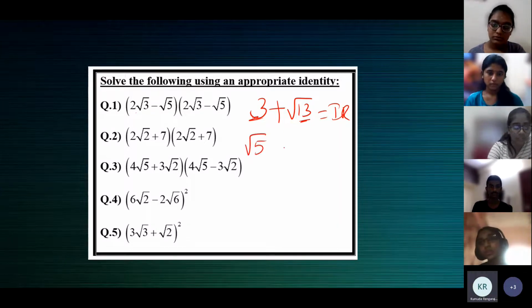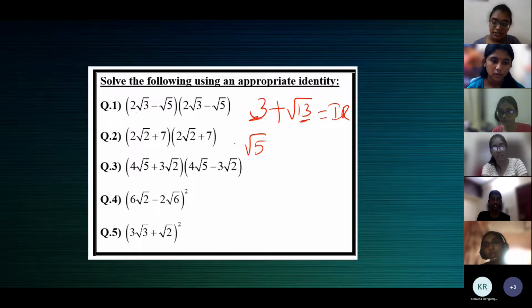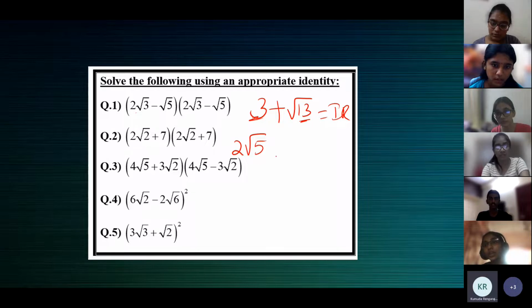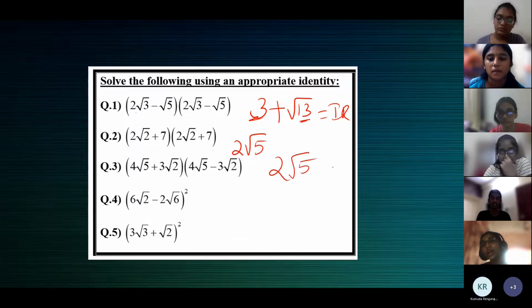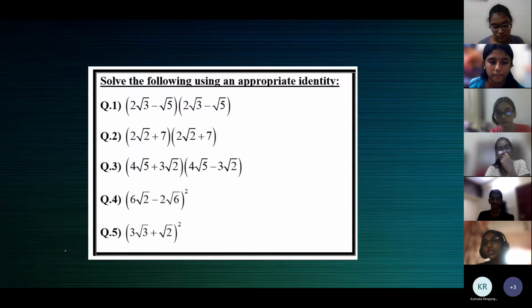Root 5, rational or irrational? Irrational. 2 root 5: 2 is rational, root 5 is irrational, so the product 2 root 5 is also irrational.